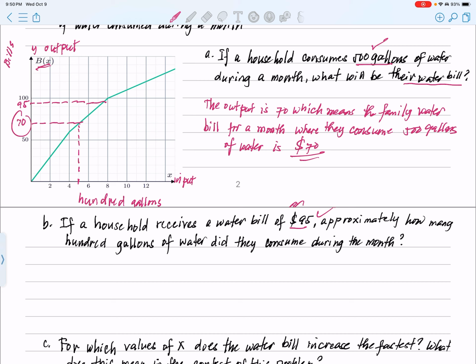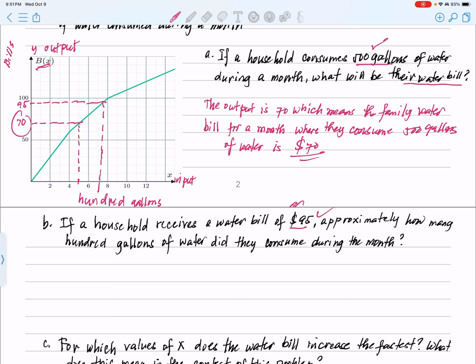So we need to start by finding the 95 in the Y axis. Then we go down.